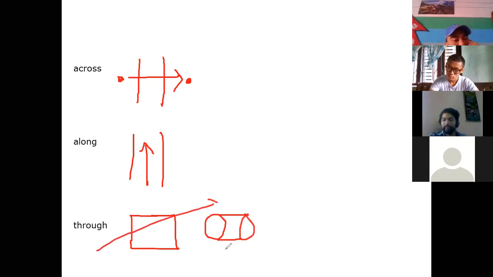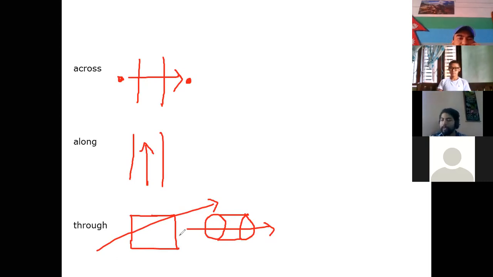But the thing you just passed into must be enclosed. For example, a window has four sides, enclosed. So you entered through the window. The train came out, or went in and came to the other side through a tunnel.